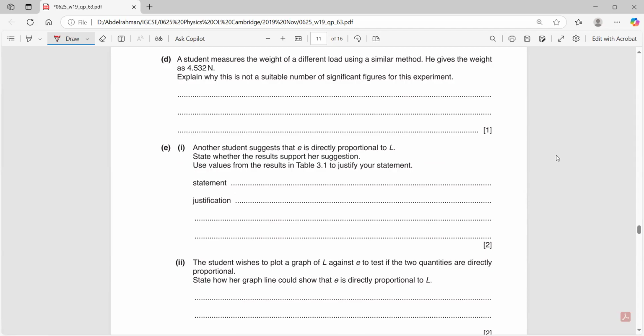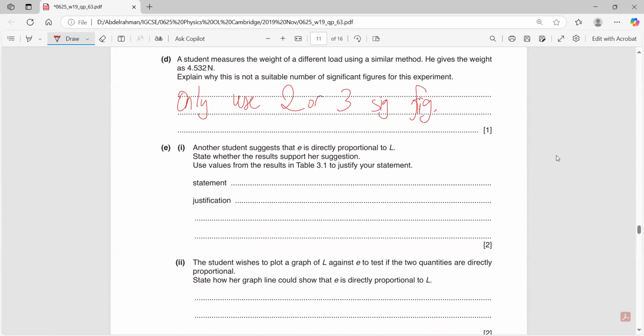We only use two or three significant figures. We never use four significant figures. Very rarely do we ever find, for example, a table or something written down in four significant figures.